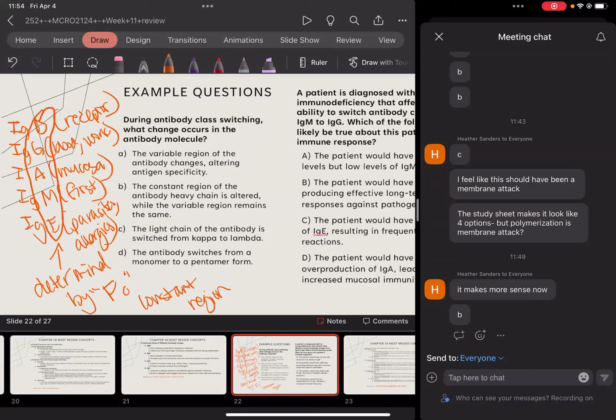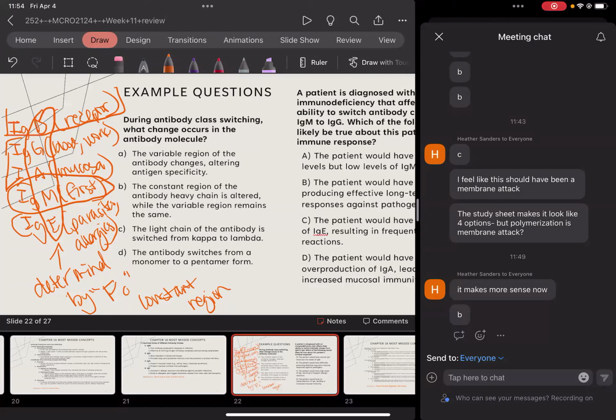That's the variable region of the antibody. So during antibody class switching, if we're making this one first, and then we're switching to these, either these two or this one. This one doesn't count, it's on the receptor. So during antibody class switching, what change occurs in the antibody molecule?